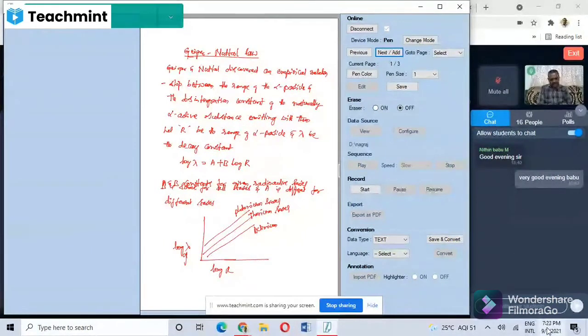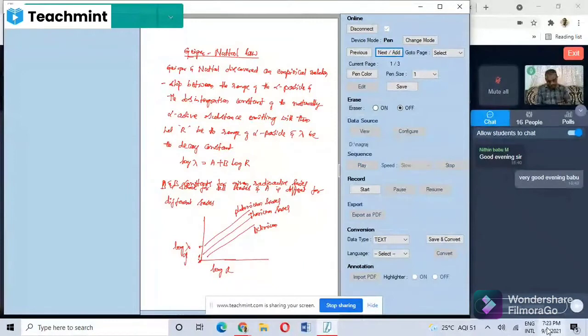Now if you plot a graph of log lambda versus log R for these three series, you get a straight line for each series, and you see the slopes of all these straight lines are the same, but the intercepts on the y-axis are different. This is the intercept for the plutonium series, this for the thorium series, and this for the actinium series.